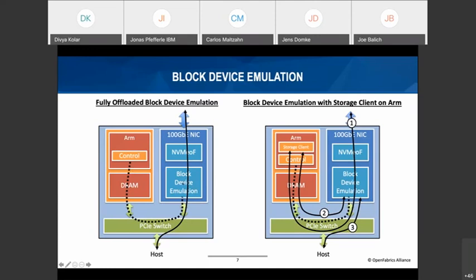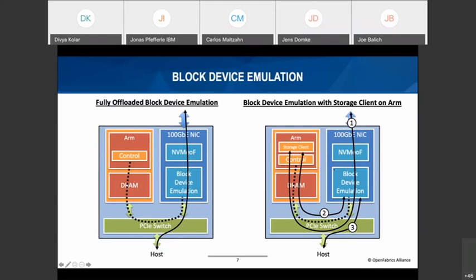Essentially, we have some control paths that set this up. In this example, the NIC would be capable of talking NVMe over fabrics initiator to some target outside of the host, right? And then we have a block device emulation that directly feeds into this and provides a PCI NVMe device to the host. Everything, the basic data path, stays in the ASIC part, in the NIC part of the ASIC, fully offloaded.